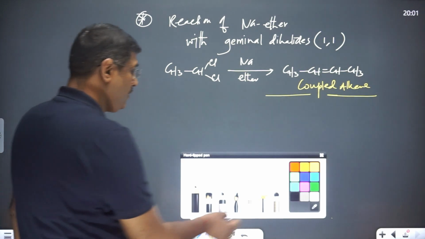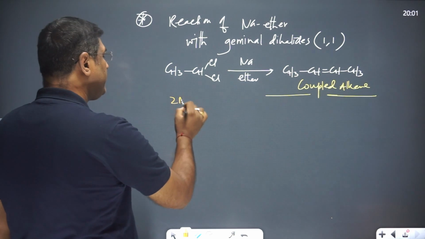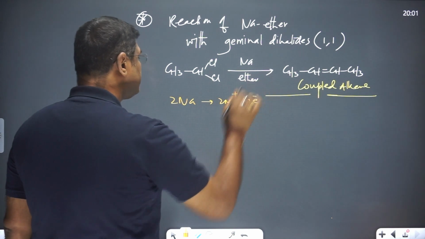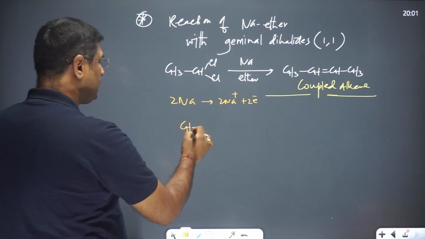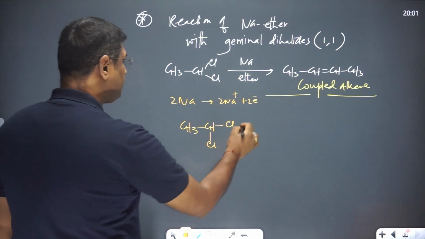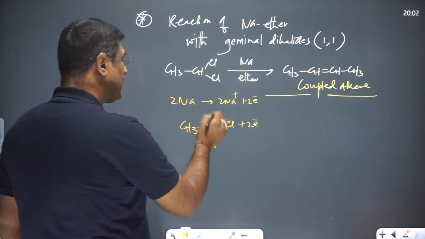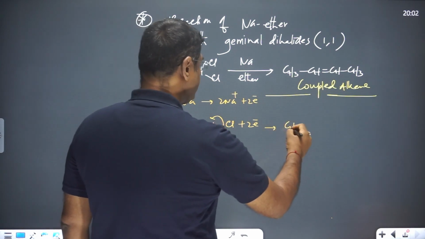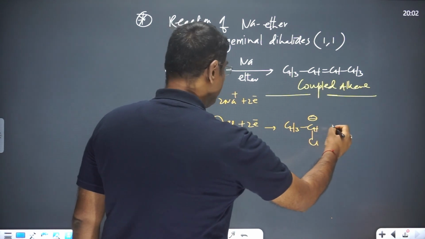Here, 2Na gives 2 electrons. These 2 electrons are given to one of the halogens. So CH3CHCl2 plus 2 electrons, immediately a carbanion forms: CH3CHCl and Cl minus.